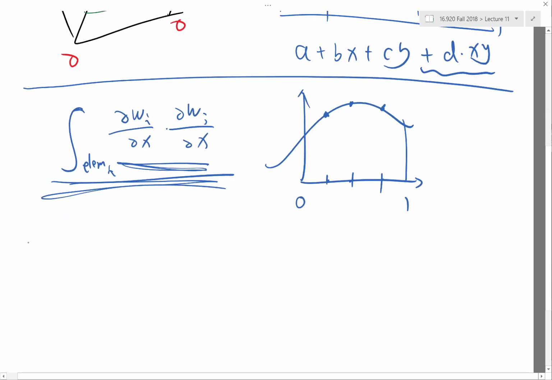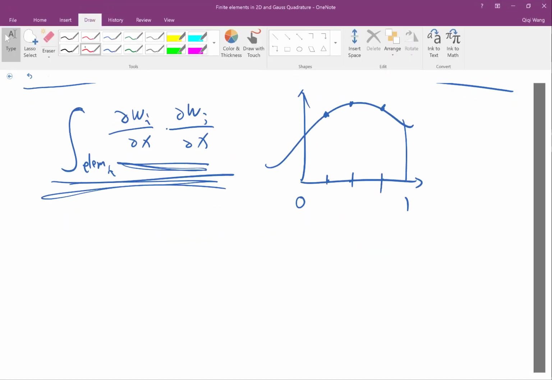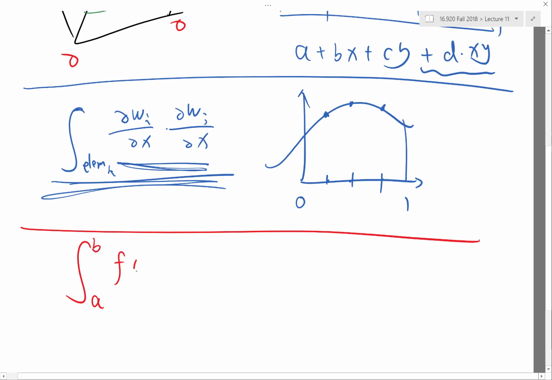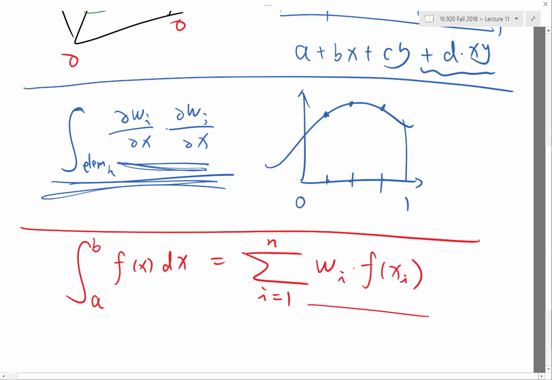So what is Gauss quadrature? Let's talk a little bit about that. Gauss quadrature is approximating an integral from any a to b of a function f by a summation, i goes from 1 to n, of wi f(xi). It's basically a weighted average of the value of the function at specific grid points.